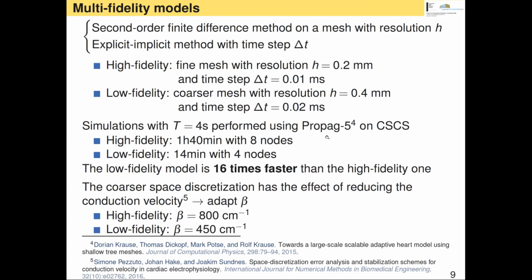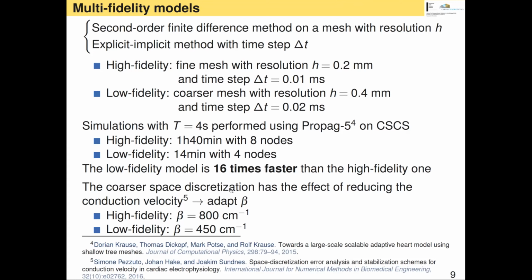The simulations were performed using the ProPag5 software on CSCS, the Swiss National Supercomputing Center. And so for 4 seconds simulations, the computational time of the high fidelity model is 1 hour and 40 minutes with 8 nodes, whereas the computational time of the low fidelity model is 14 minutes with 4 nodes. So the low fidelity model is approximately 16 times faster than the high fidelity one. So the idea is to exploit the information provided by the low fidelity model to speed up the computations.